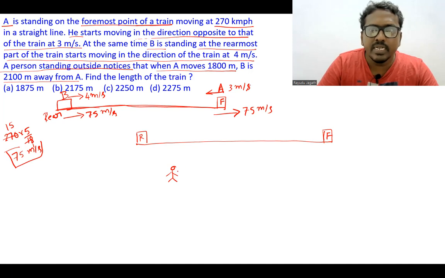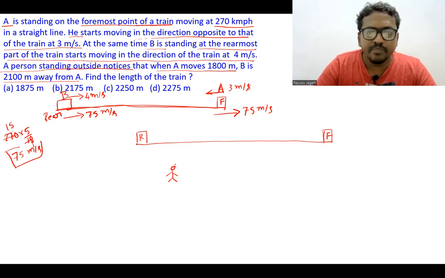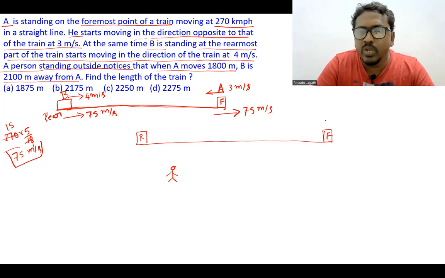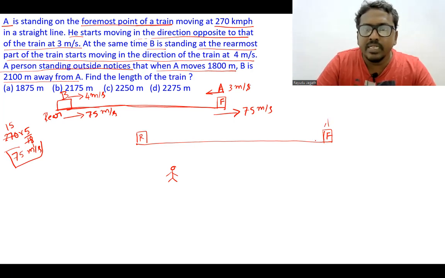He observed that when A moves 1800 meters, if A does not move away from the foremost point or away from the engine, A should be located here, but it is moving with some speed, so A must be located somewhere here. Name it as A dash.